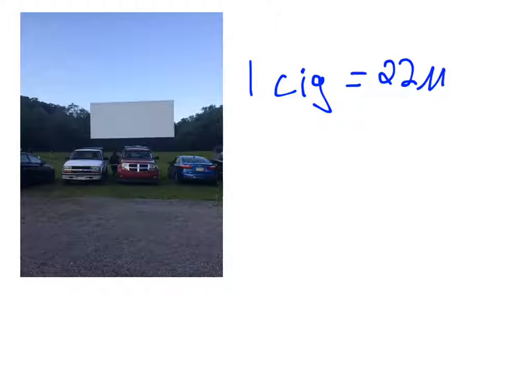I'll post this link as well, but I found an article that compares air pollution to cigarettes. They've come up with the number that one cigarette is equivalent to an air pollution of 22 micrograms per meter cubed for 1 day.